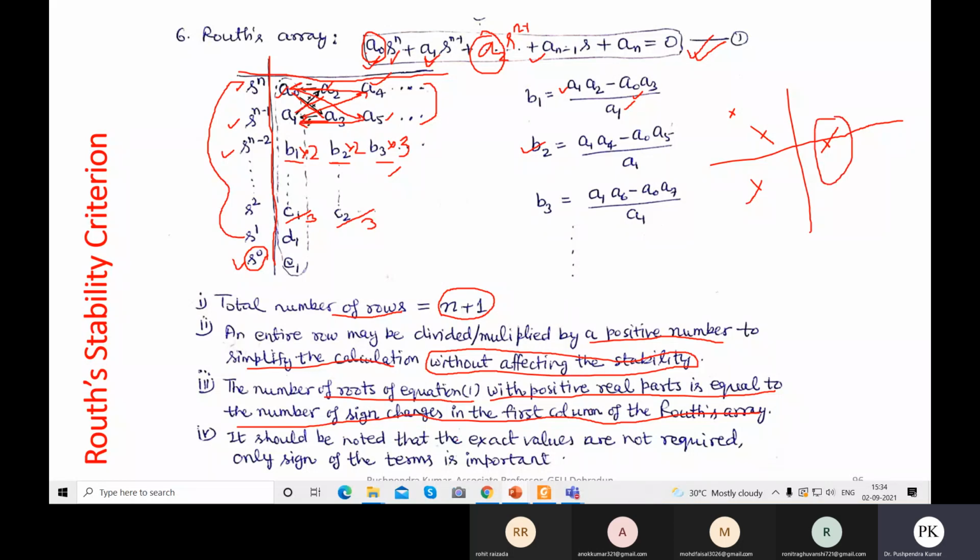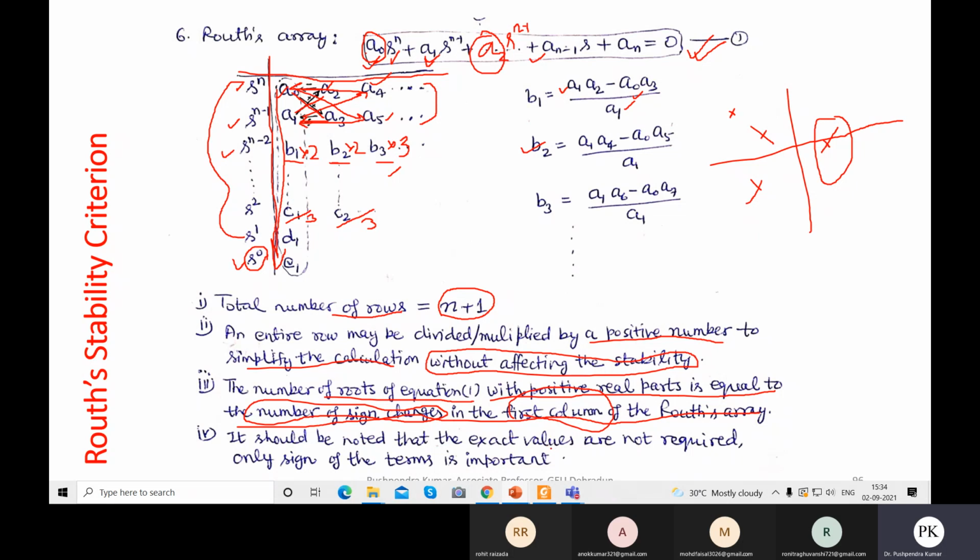It is equal to the number of sign changes in the first column. In this first column which I have highlighted, how many sign changes are there? You just count that and you will have the answer to your question.